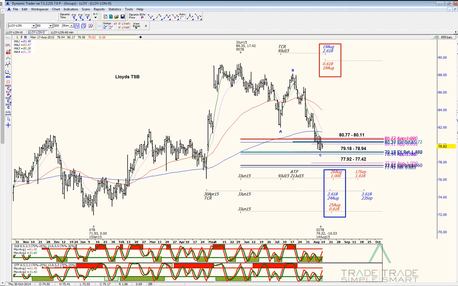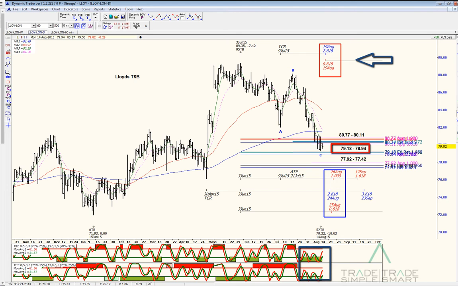What we'll be looking for is a confluence of all these factors to come together. So we'll be looking for the price of 79.18 to 78.94. We'll be looking for the time factor, which as it stands, the closest will be the 18th to the 20th of August, and then we'll also be looking at our momentum indicator.